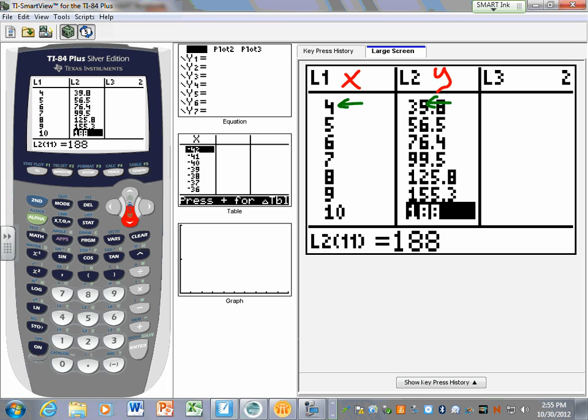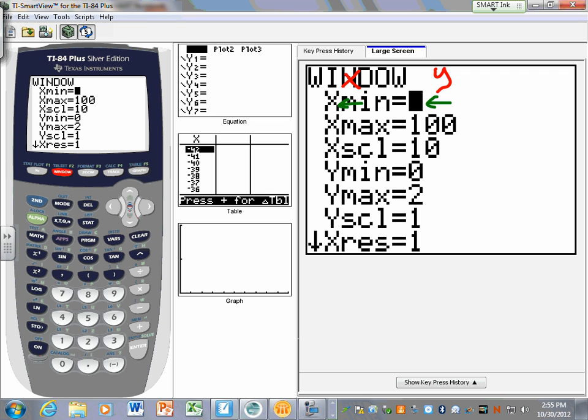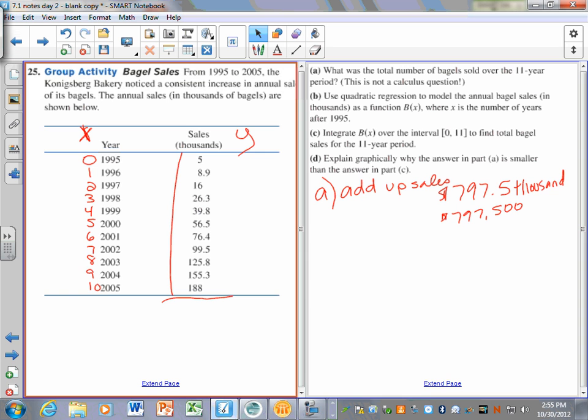So here's the other thing. We want to see what this graph looks like. So the next thing we need to do is set our window. So I'm going to hit the window button. And I want to know what my X and Y axis should be. If I go back to my problem, my X axis is just going from 0 to 10.